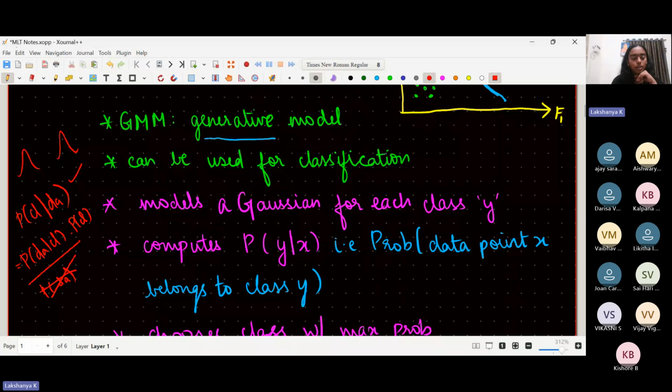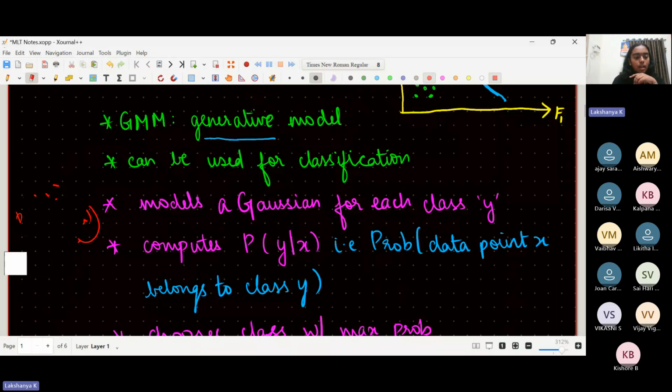This is a constant, you can ignore this. This part you will simply get from your data set, how many elements of this type divided by total number of elements. For this, you use the Gaussian distribution PDF, the expression for which I just showed you on the next page. Right? So are we clear so far?